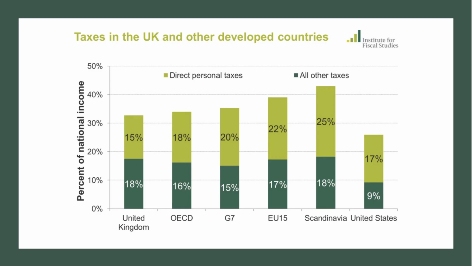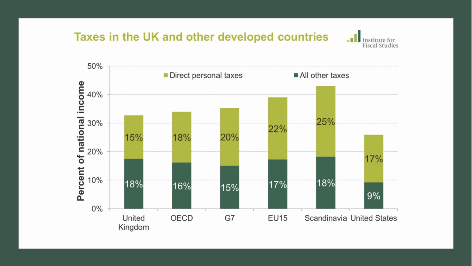Just want to show you a couple of slides to finish with from the Institute for Fiscal Studies. This chart shows direct personal taxes, that's income tax and national insurance, as a share of GDP, compared to all the other taxes, including indirect taxes. You can see that in the UK, on the left-hand side there, direct personal taxes bring in just under half of the total tax revenue for the government.